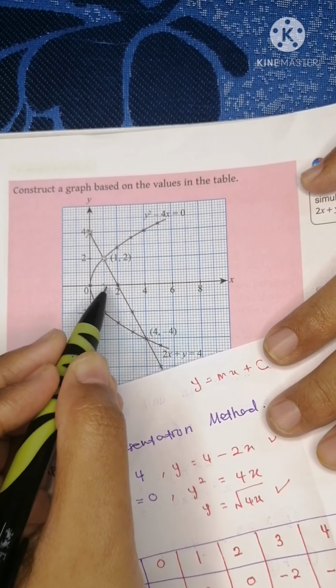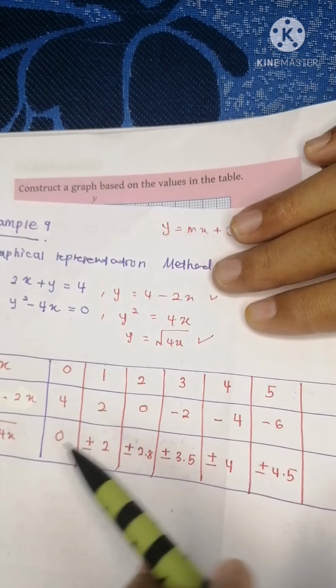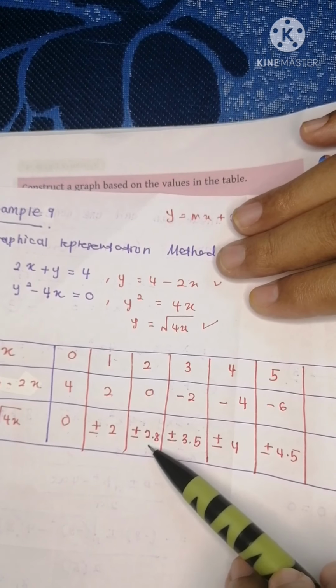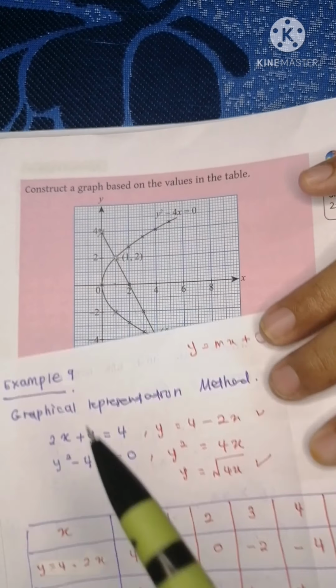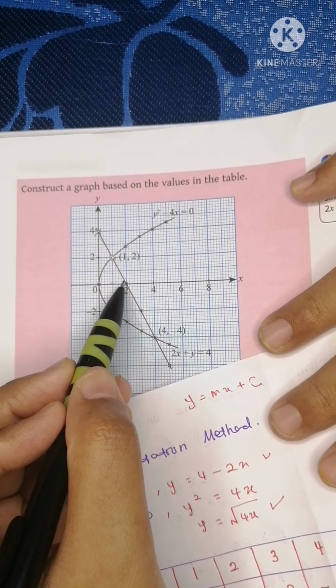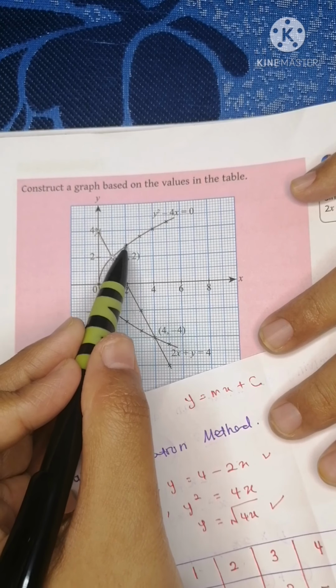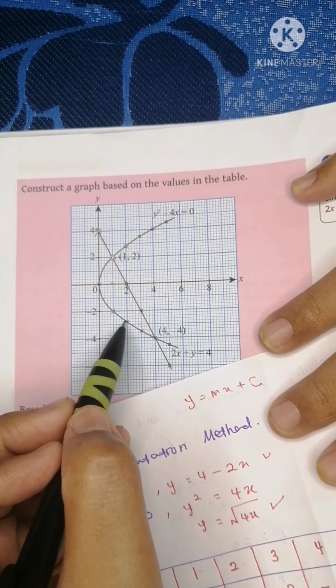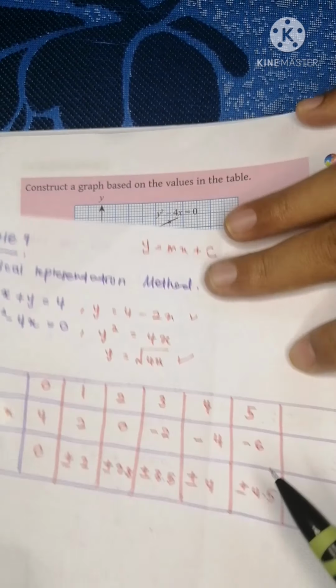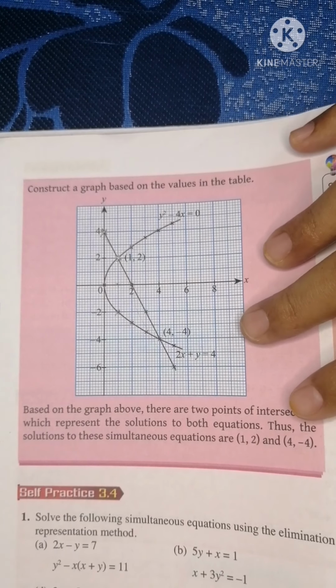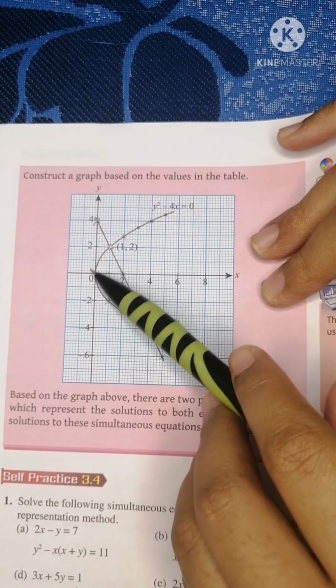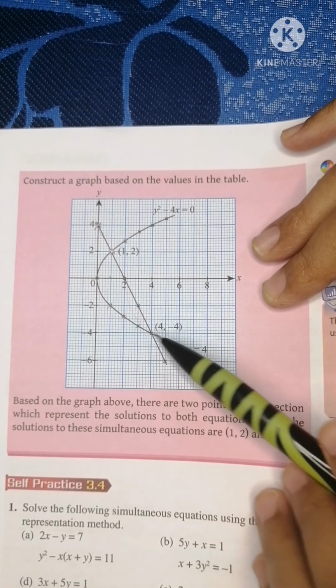And then at x equals 2, the value of y is plus minus 2.8, so positive 2.8 and negative 2.8, until the end, x is equal to 5. And then you sketch the graph here, and you will get a curve shape like this.